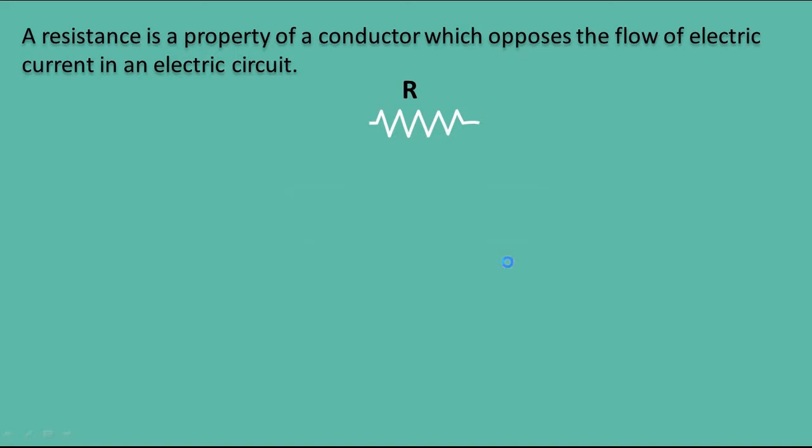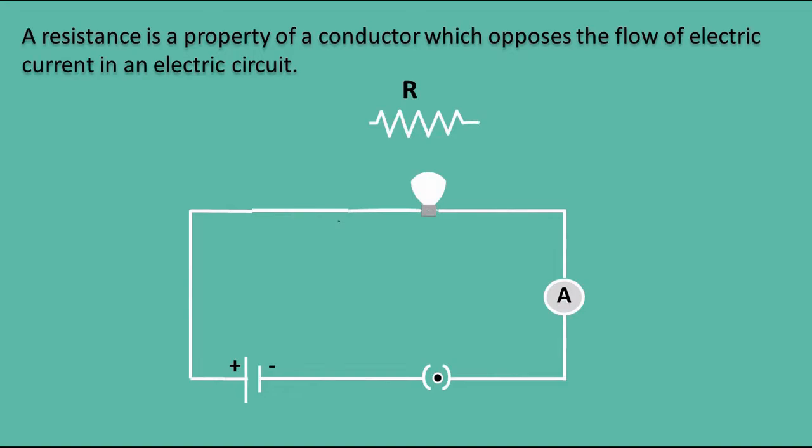To understand the definition of the resistance, we can connect a resistance in the circuit and see the changes in the current flowing through the circuit. As soon as we switch on the circuit, a steady current flows through the bulb in the circuit. Now we connect the resistance in series with the bulb in the circuit and switch on the circuit and see the changes.